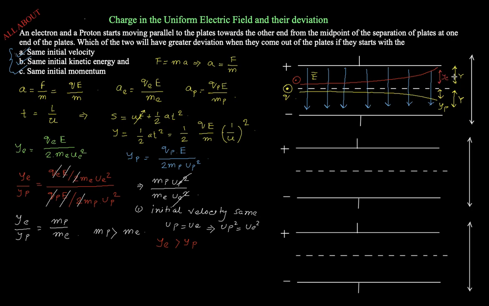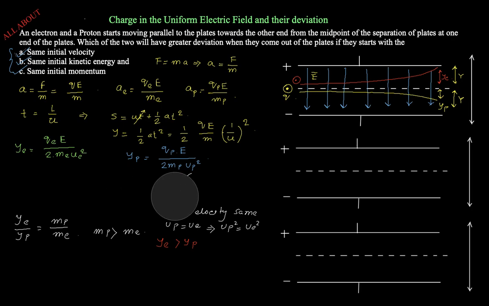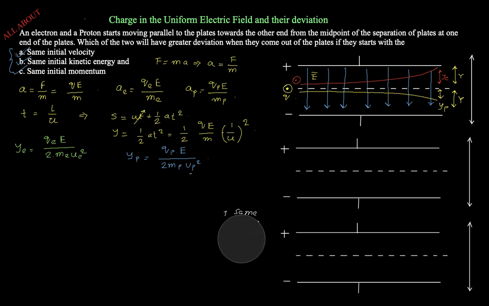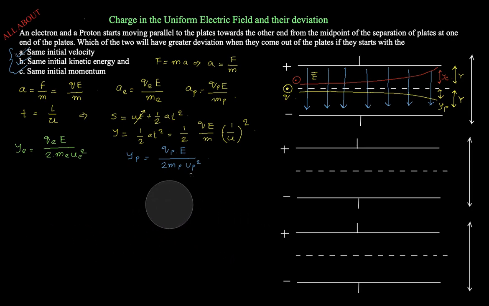Now this is the first part of the question. Now come to the second part. So I can erase some part of the first part; YP and YE should be left. So now the second part.